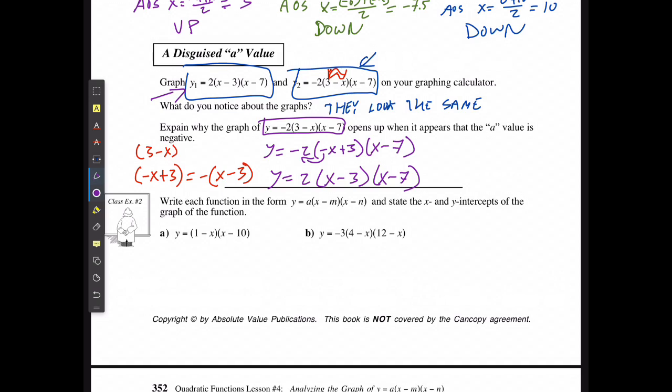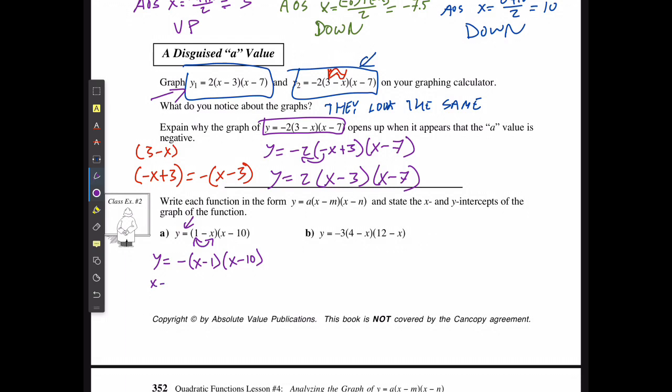So, if I'm doing that process for example 2, then I'm going to see here that I obviously need to flip the order that exists here. If I flip the order, I change the sign for a on the outside. So I'm going to get y is equal to negative bracket x minus 1 and x minus 10.